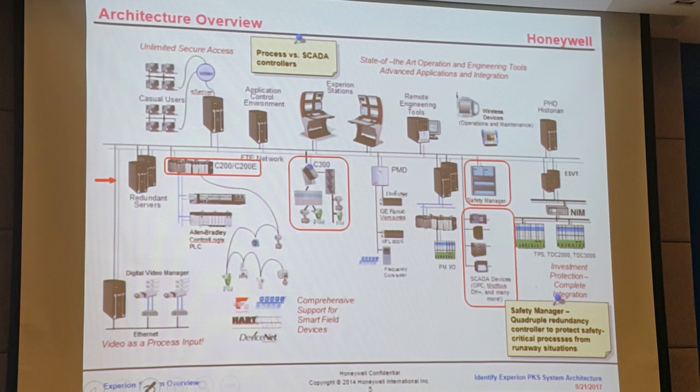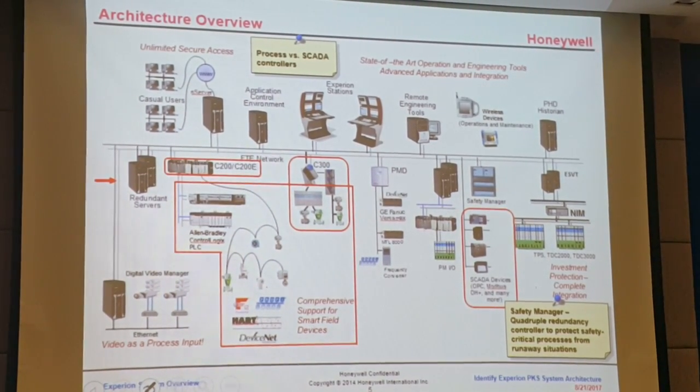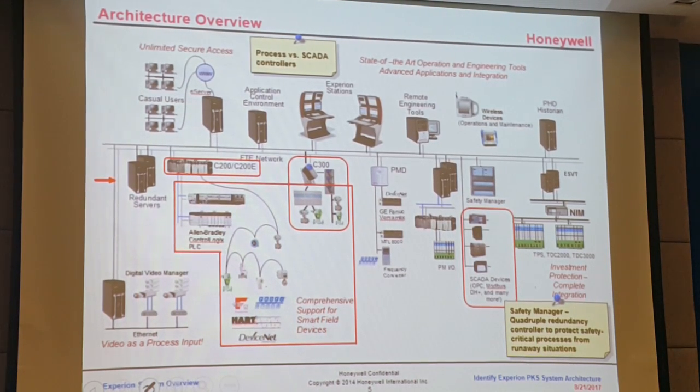So in our diagram here, we show chassis I/O made by Allen Bradley, AB. We are showing rail I/O, also made by Allen Bradley, AB. We are also showing Foundation Fieldbus.